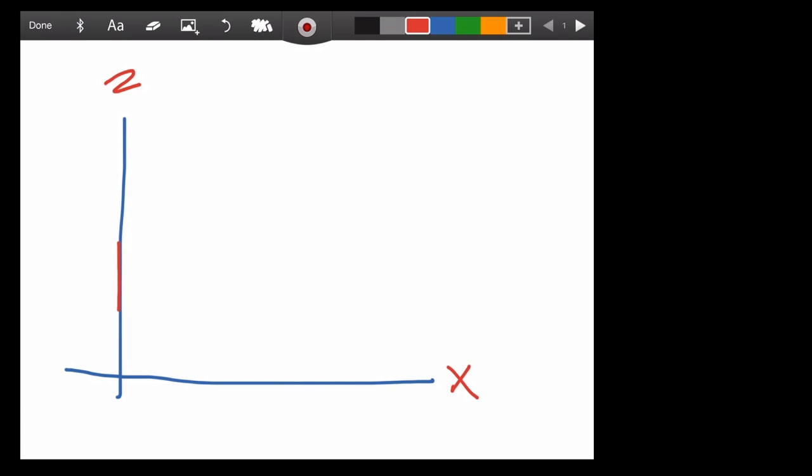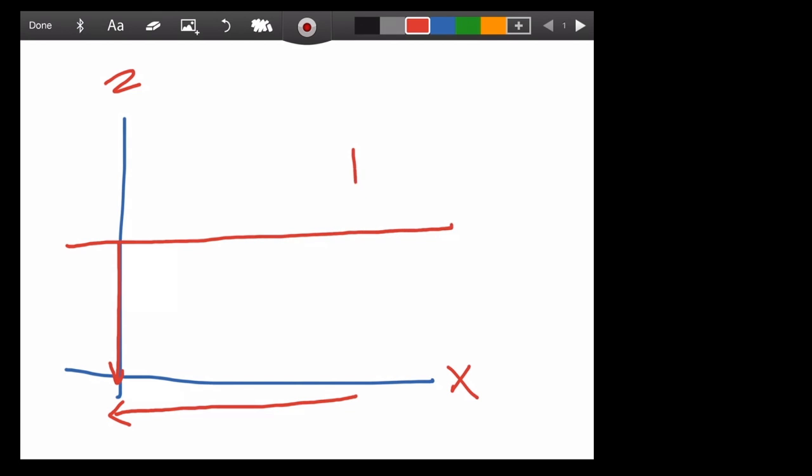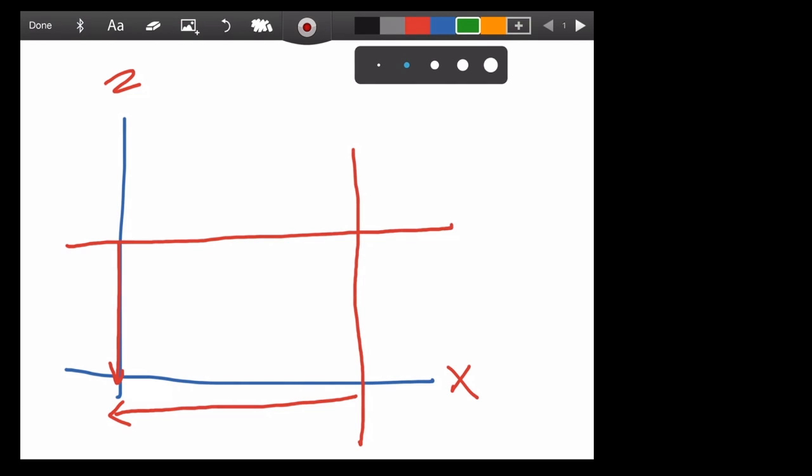We know that it is going to be moving down in some direction in the z-axis, and we know that it's going to be moving in some negative direction in the x-axis. So if we plot these out, like so, we get a resulting vector that goes like that.